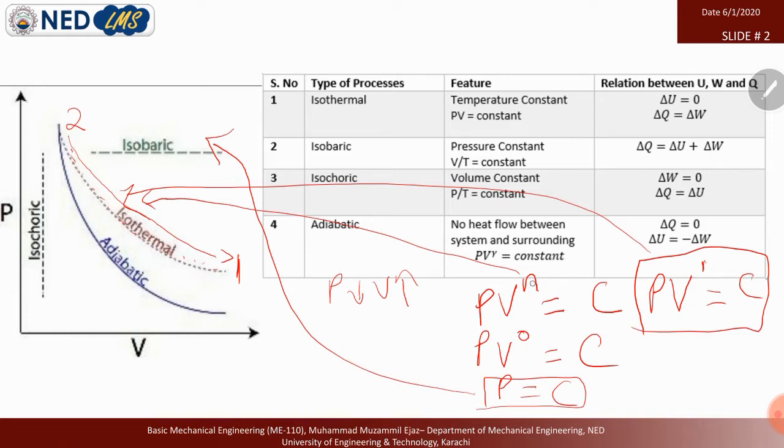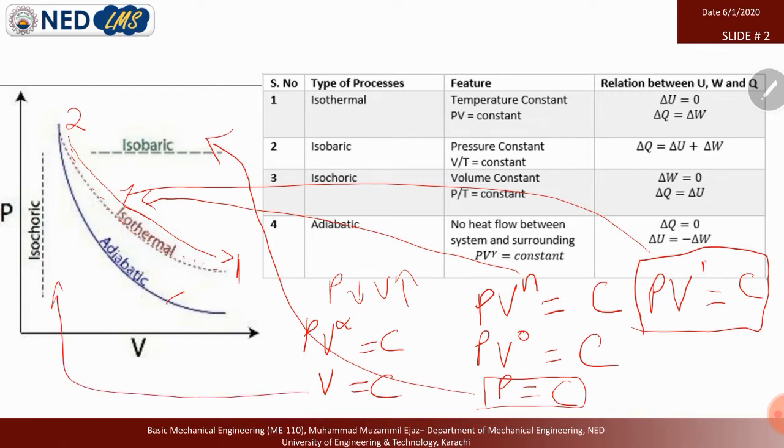When n is greater than 1, like 1.2, 1.3, and when it goes to 1.4, then it is called an adiabatic process. In a similar way, when the power n increases and goes to infinity, then PV^infinity = C. In that case, the volume becomes constant. There is a derivation in between for solving this equation, but in that case the volume becomes constant and it becomes an isochoric process.